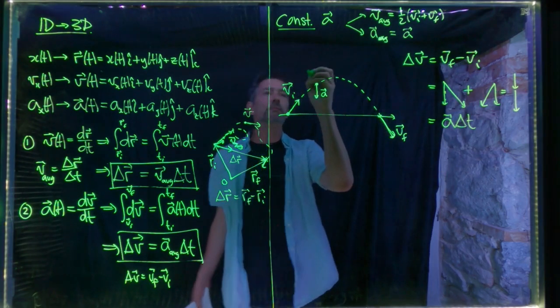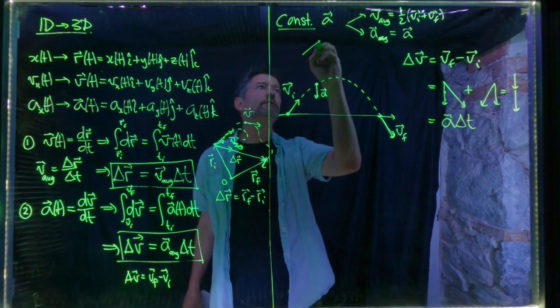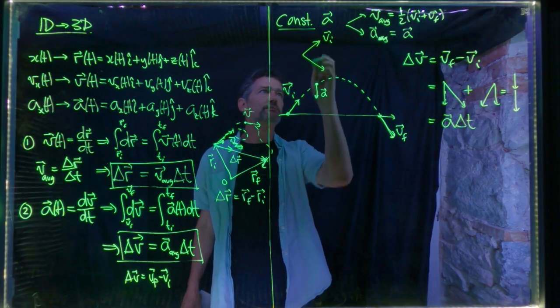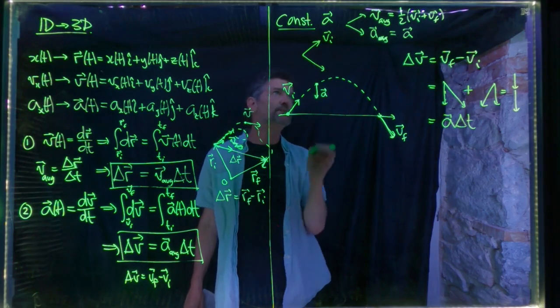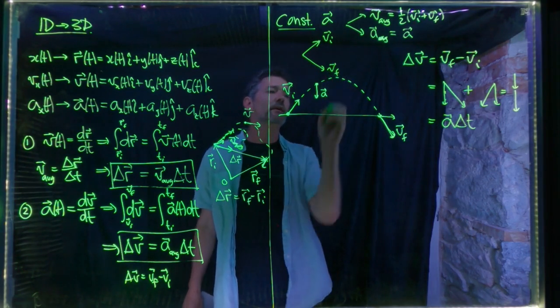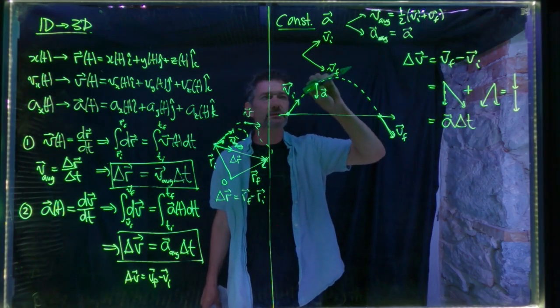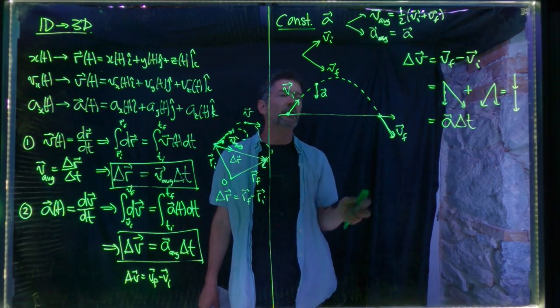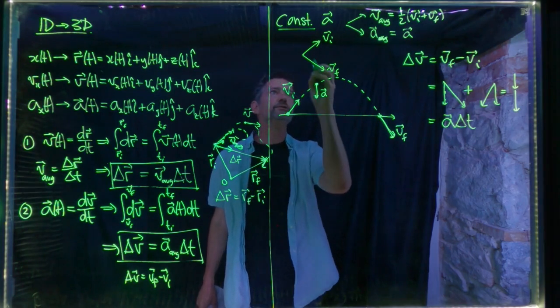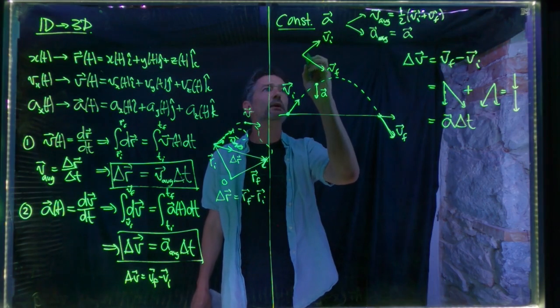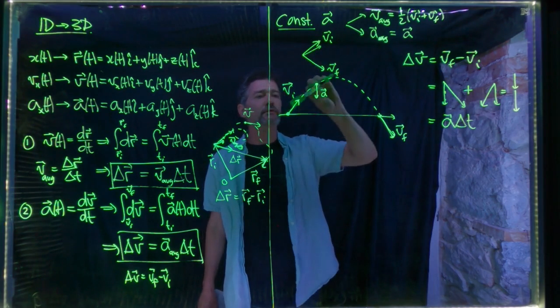You can see that if you start with this initial velocity, v initial, and then v final, and put them at the same base point. The velocity is smoothly changing from this to this to this. There's no acceleration in the horizontal direction, so the horizontal component never changes. After 1 second, say, that velocity vector changes to this.